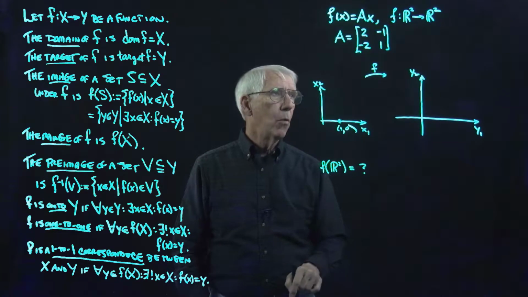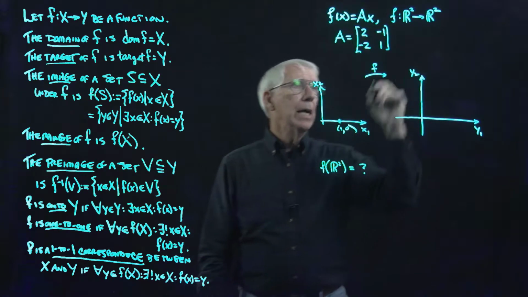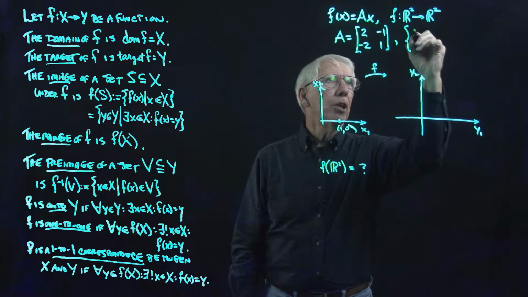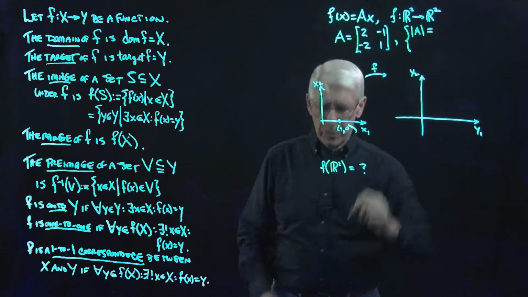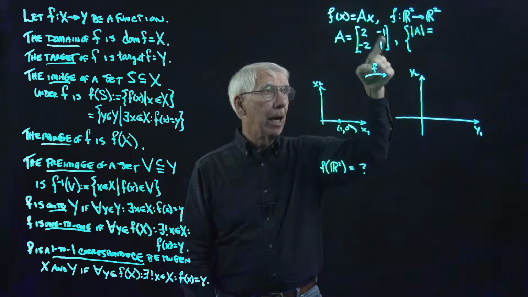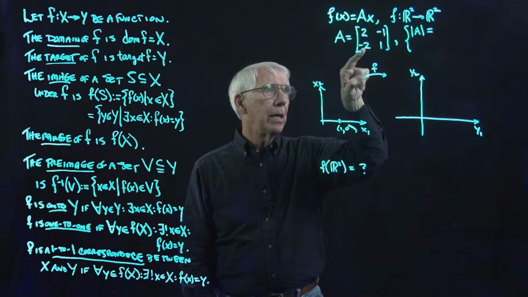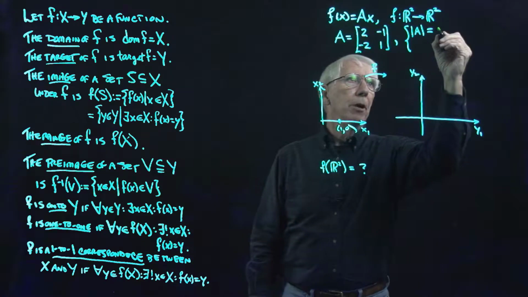What's the range? Well, first question is it all of R2? And so let's look again at the determinant. As I already indicated, we have an example where the determinant is 0. At least it better be 0 if this is supposed to do what I want it to do. 2, 2, so it's 2 minus 2, 0.